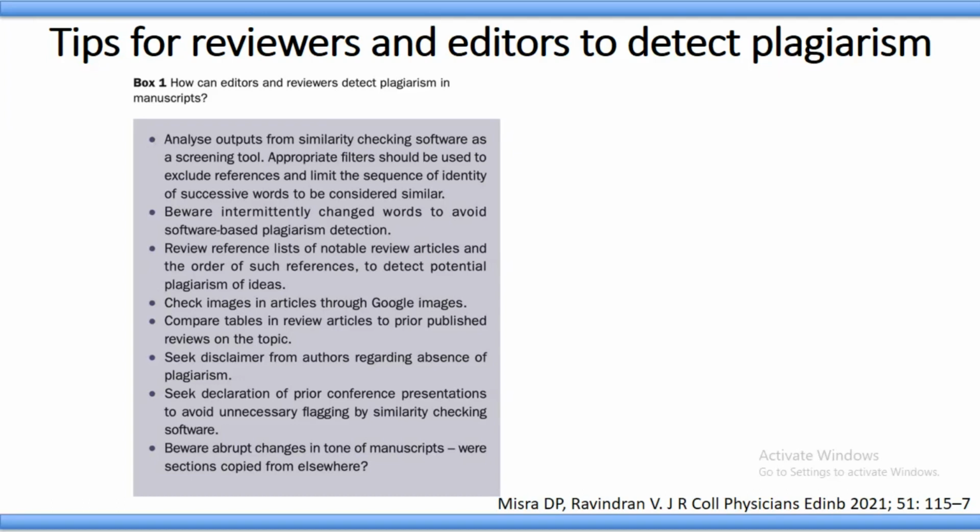Manuscripts may have sudden changes in the tone. For example, the entire manuscript reading one way and in between 3 paragraphs reading another entirely different way. They may have been copied from elsewhere. So that's another trick that editors and reviewers use to identify plagiarism in manuscripts.